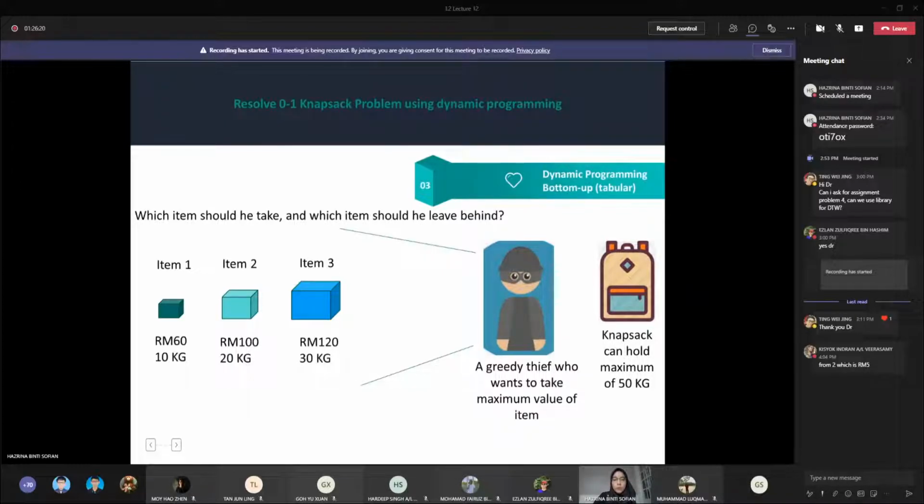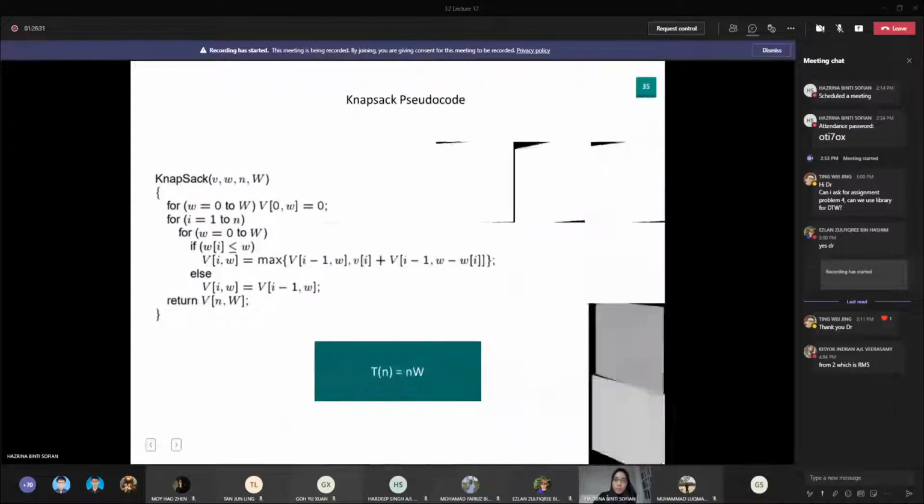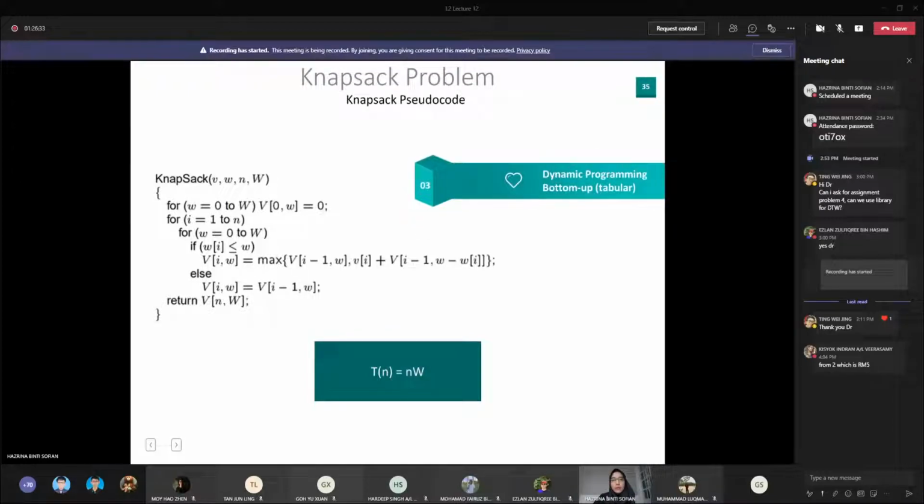So to revise, which item should he take? Which item should he leave behind? So this is the knapsack algorithm.